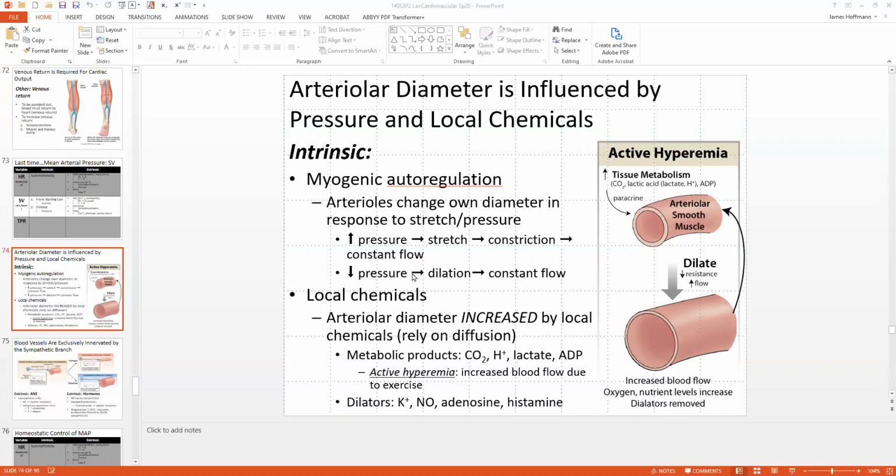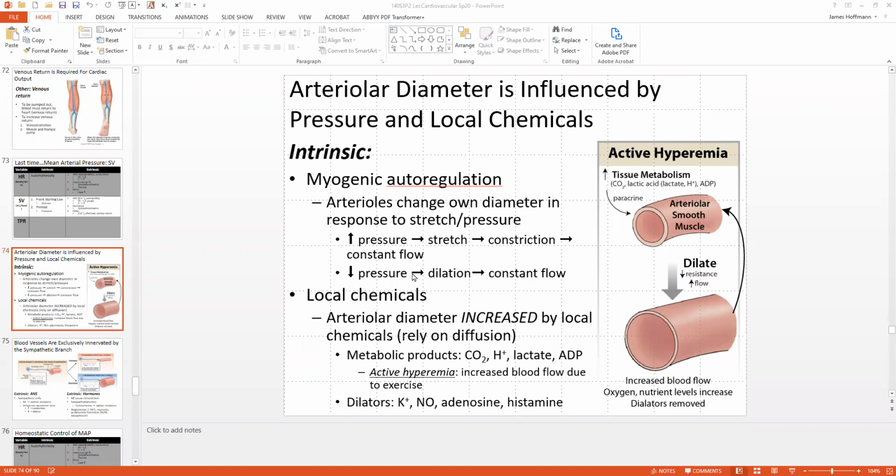It's not so much the elasticity, it's the muscles. That's why it's called the myogenic mechanism, myo referring to muscle, genic referring to where it comes from. The muscles can constrict or dilate all by themselves based on the stretch or pressure within the blood vessel. To maintain constant flow, if the pressure goes up, I'm going to constrict the blood vessel to offset that.